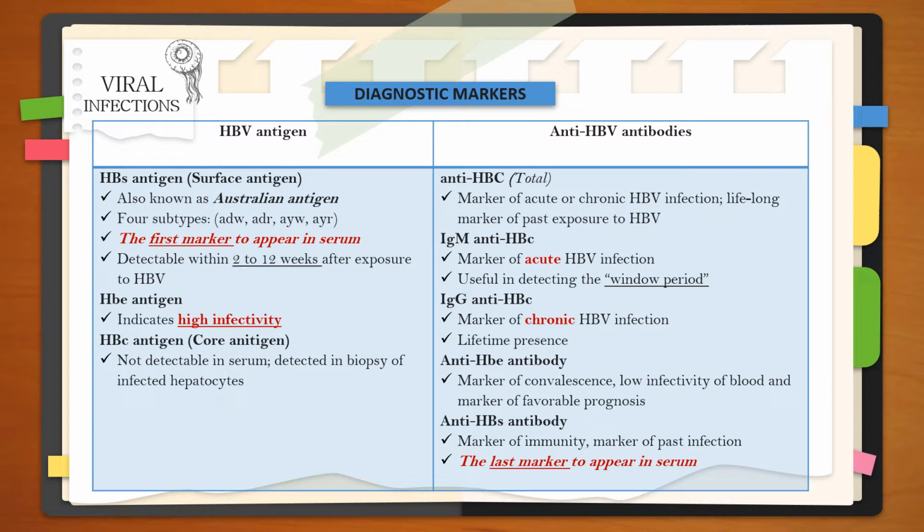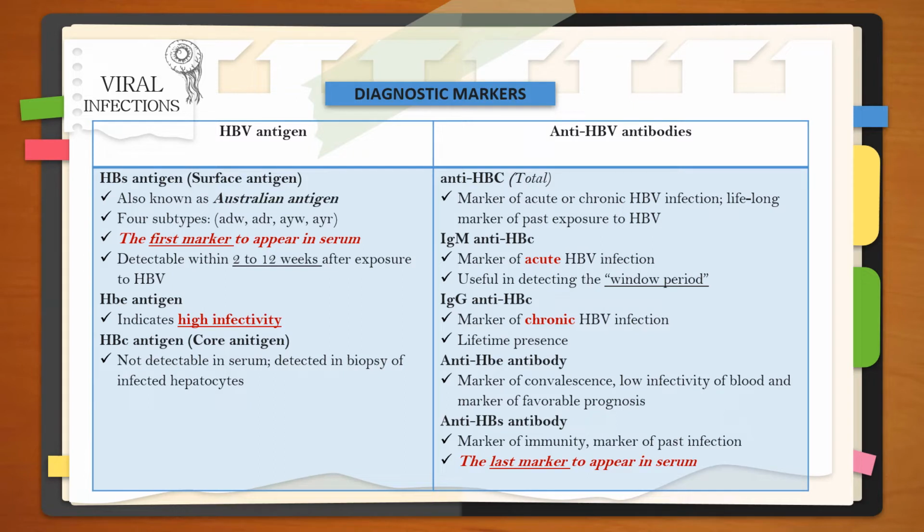IgM anti-HBc is used as a marker of an acute HBV infection and of a present or current infection. This is the main marker utilized in detecting infections during the window period. So take note of that window period.